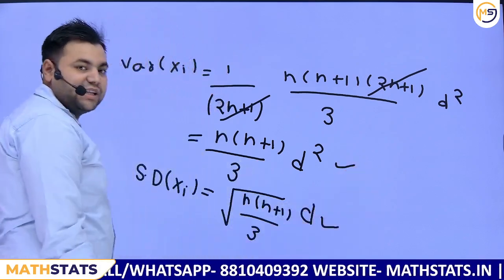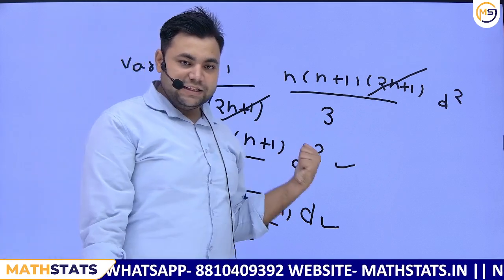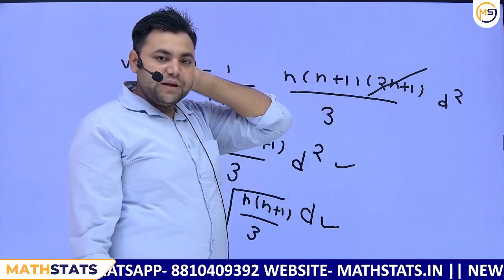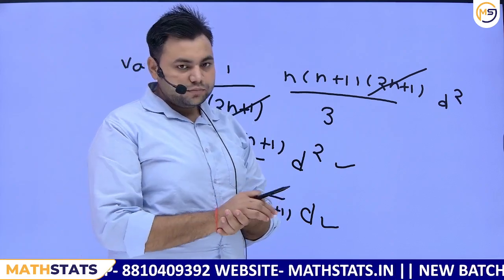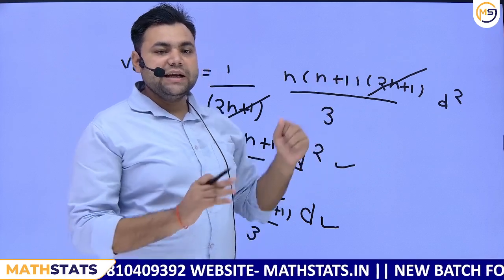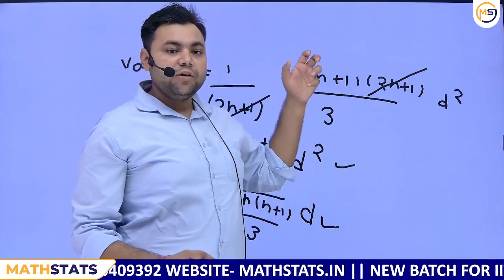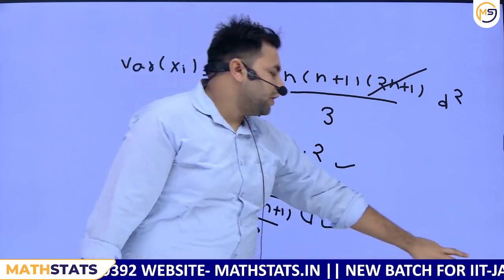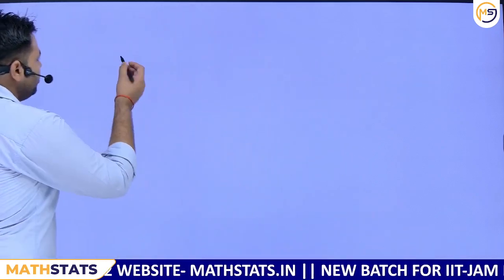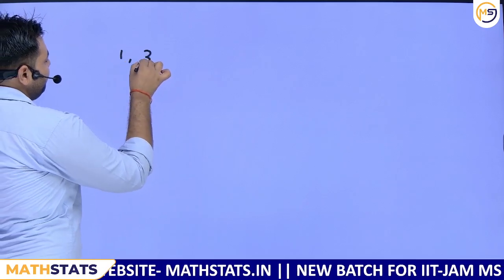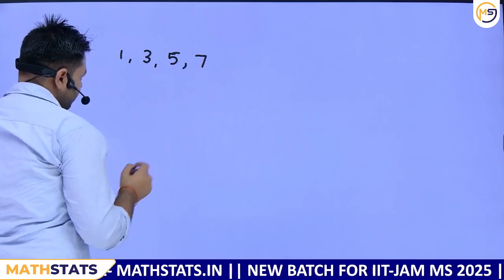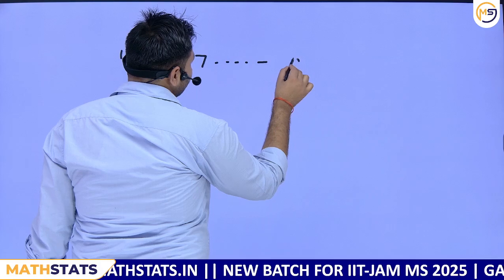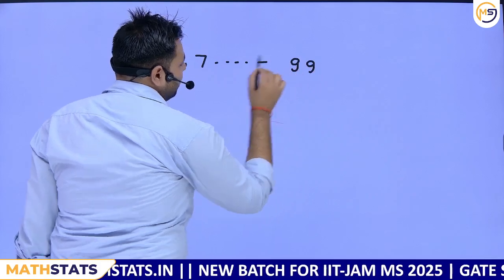So this is an important series, and questions are directly asked on this series. Suppose I give 1 3 5 7 9 and so on up to 99, okay, and then ask what is the standard deviation of this series and what is the mean deviation of this series. So suppose I give a question 1 3 5 7 and in a similar way up to 99, okay.